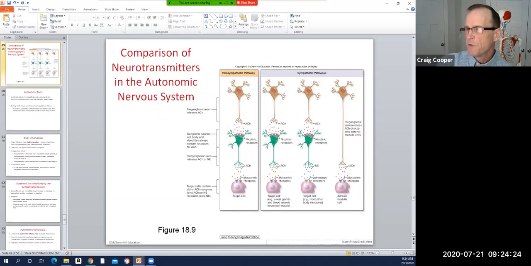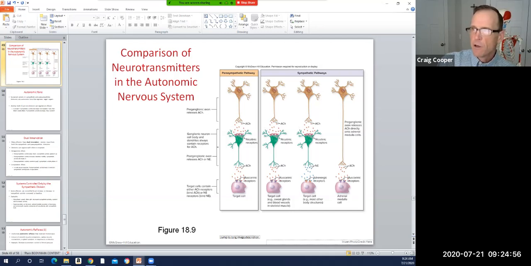So here are the different ways that these are set up. Here's our parasympathetic. It's always the same. Both neurons release acetylcholine. The neuron in the ganglia always has nicotinic receptors. The tissue that is being targeted is always going to have muscarinic receptors. But at both synapses, the neurotransmitter that's being used is acetylcholine.